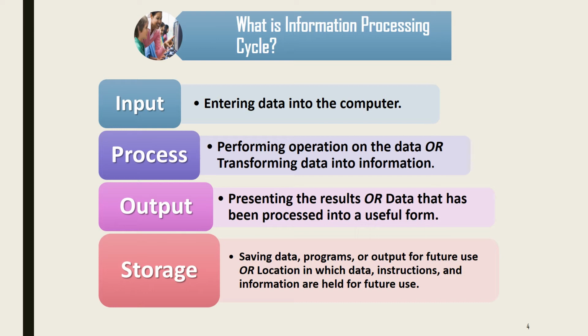And storage is the activity of saving the data and programs for output for future use, or it is also referred to as the location in which data, instructions, and information are held for future use.